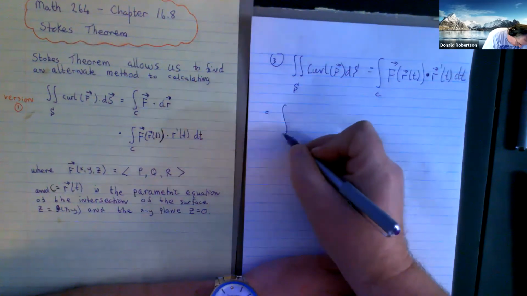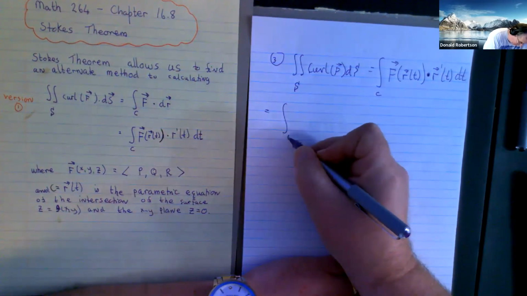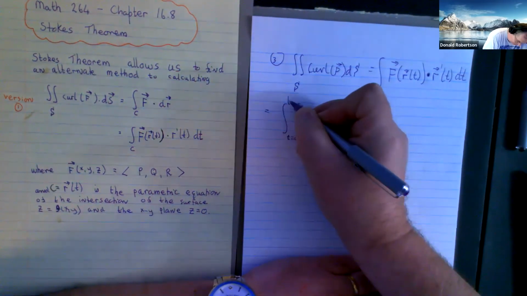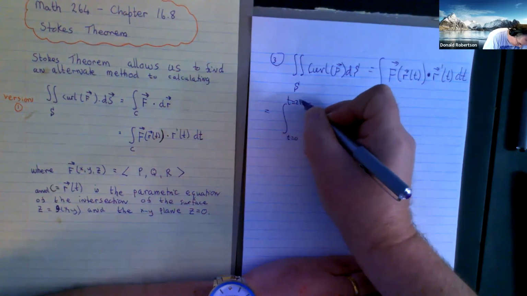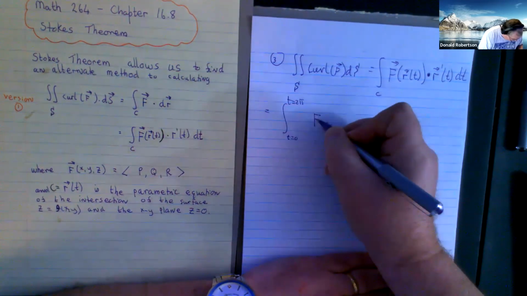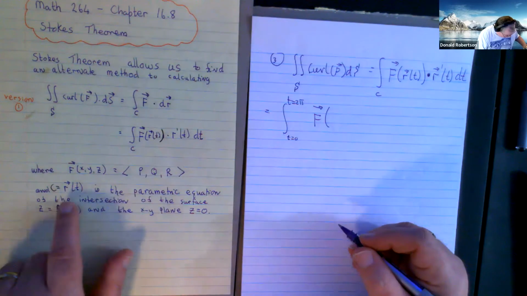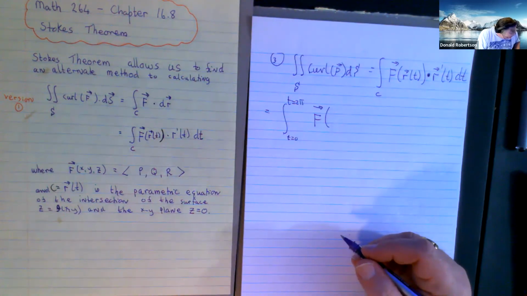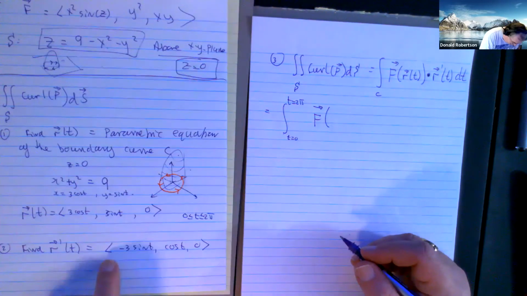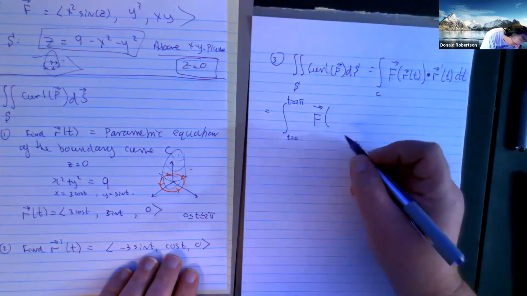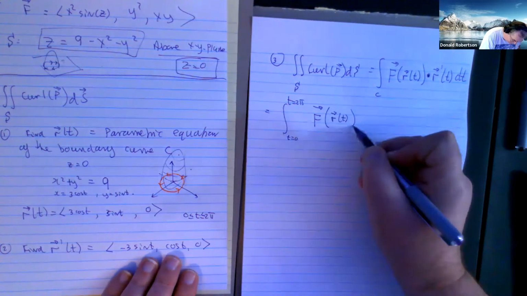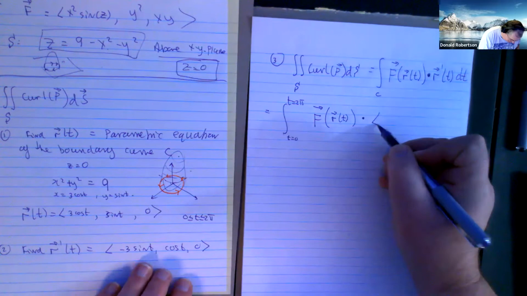So it's going to be from T equals 0 to T equals 2 pi. The vector function evaluated at R of T, and R of T is this guy. So we're going to do that thing. Dot product, this guy.